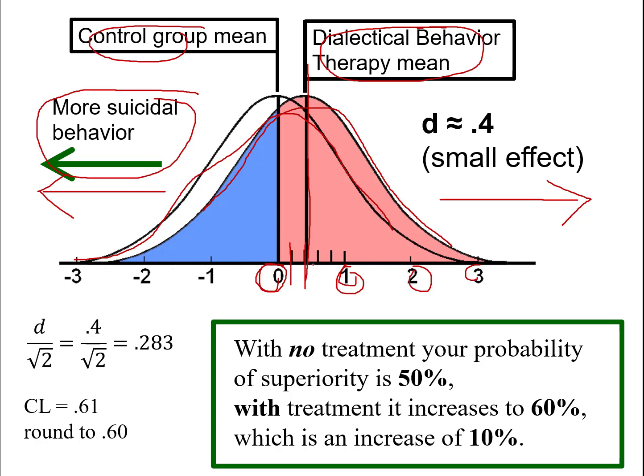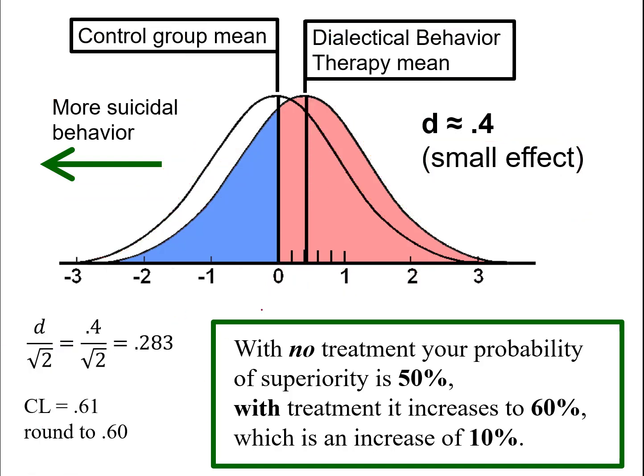That's a little less than half a standard deviation of difference between my control group and my treatment group. And so this is a d-statistic of 0.4, and I wrote the label here, this is a small effect size, because anything between 0.2 and 0.5 is what we would label a small effect.